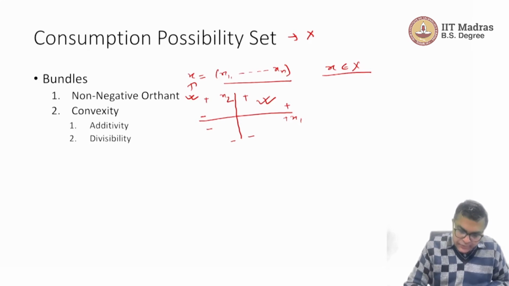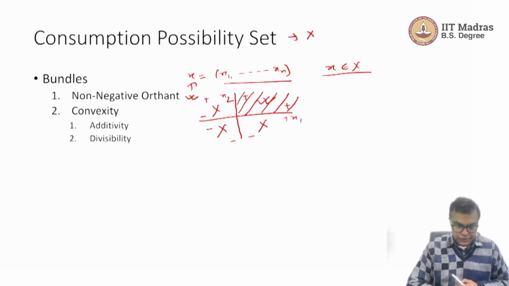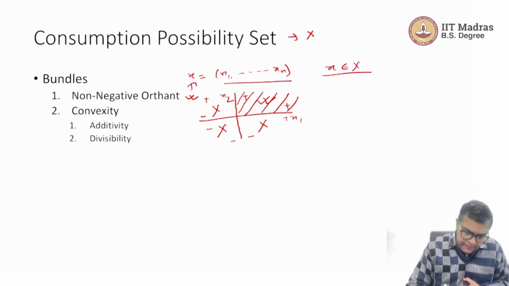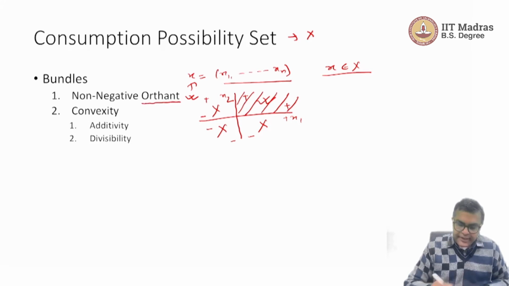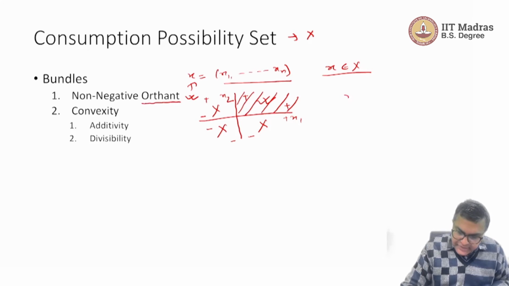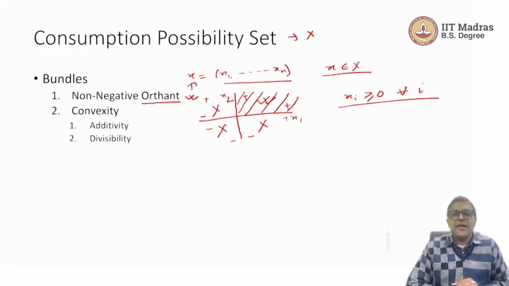Both are non-negative in this zone. So, we are concerned about this only. We will not use this, we will not use this, and we will also not use this. When we have an n tuple, we talk about the non-negative orthant. What do we mean? That xi is greater than or equal to 0 for all i. So, we are not consuming a negative amount of any item.